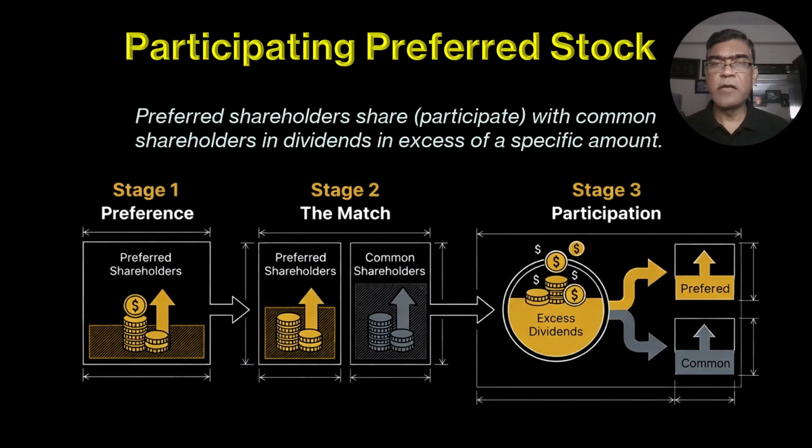Common shareholders then receive dividends equal to the preferred amount, creating parity between both classes. Stage 3, participation. When there are excess dividends beyond that point, both preferred and common shareholders share proportionately in those extra earnings. So participating preferred stock combines the security of preference with the potential for growth. It rewards preferred shareholders when the company performs exceptionally well.